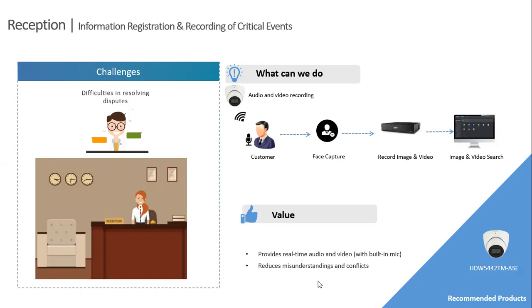Series 5 means that in the camera model name, such as HDW, the number immediately after the letters is the series of the camera. Most of these cameras you'll see here are Series 5, except for special series products.